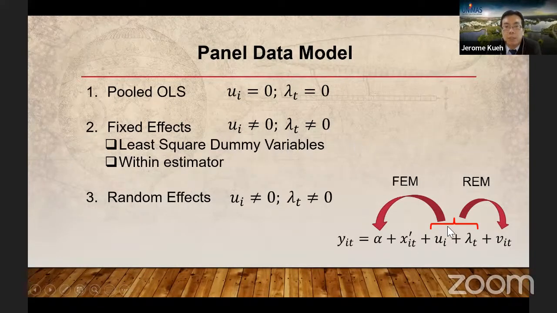So if we lump this unobserved heterogeneity together into the intercept, then it will be under the fixed effect models. And if we treat this unobserved heterogeneity together with the error terms, then we get the composite error terms that will be under the random effect model. So this is basically a very general perspective on how we can differentiate the fixed effect models and the random effect models, in terms of how they treat the unobserved heterogeneity elements here.